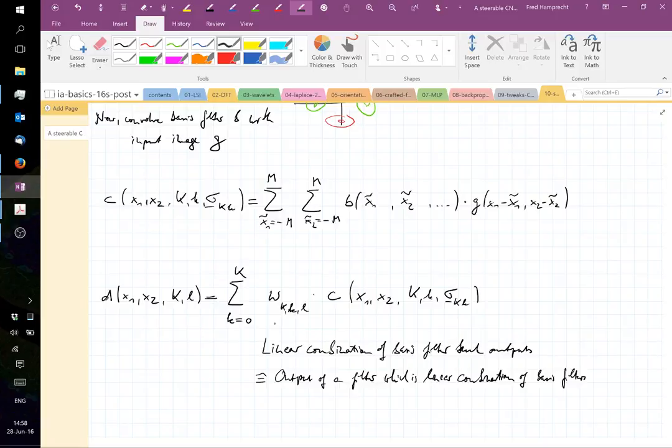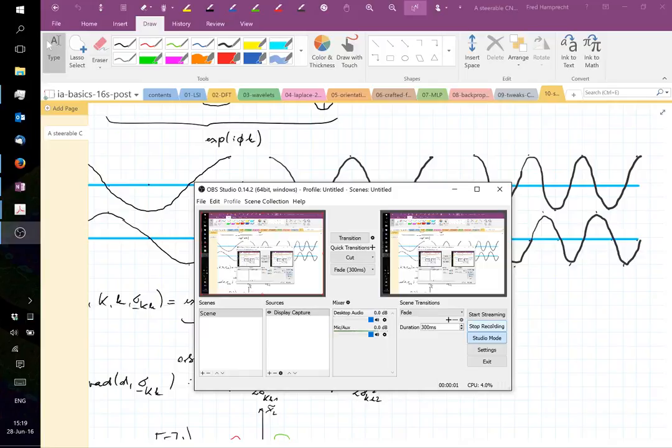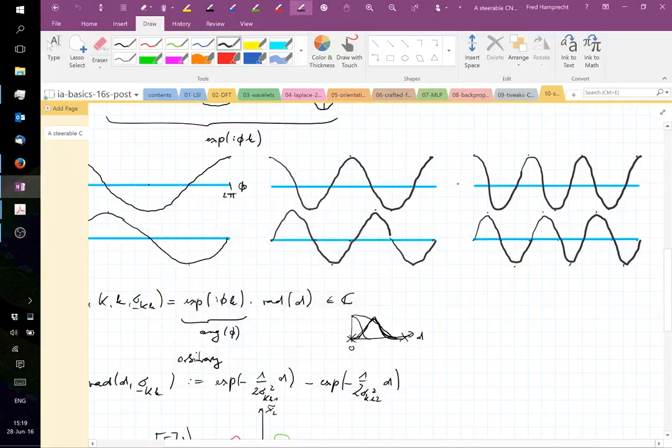During the break you can think about how we now make this whole thing steerable.